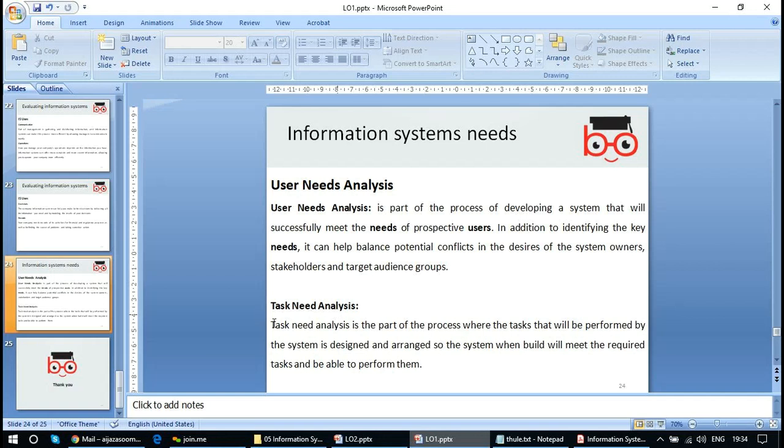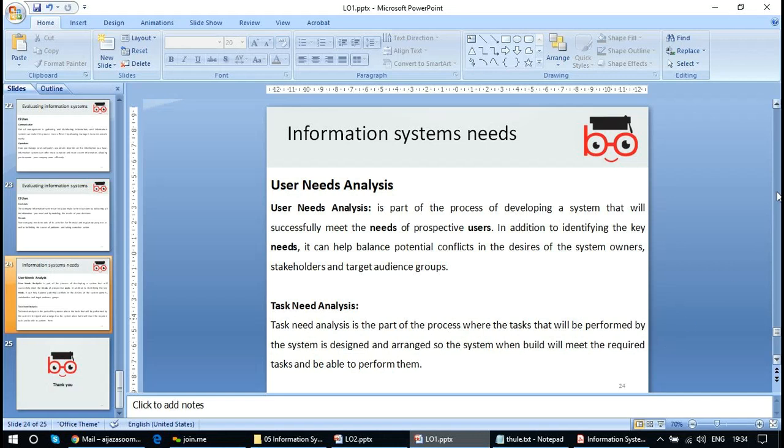And the task need analysis is the part of the process where the tasks that would be performed by the system are designed and arranged so the system, when built, will meet the required tasks and be able to perform them. So those were basically the key definitions that the unit included.